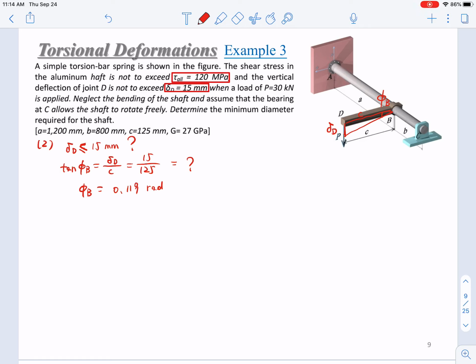So since point A here is fixed, this phi B equals phi AB. Okay, this will be the torque times LAB over GJ.